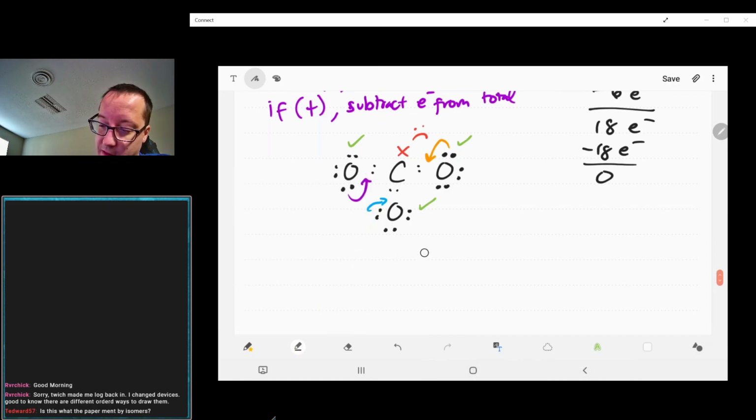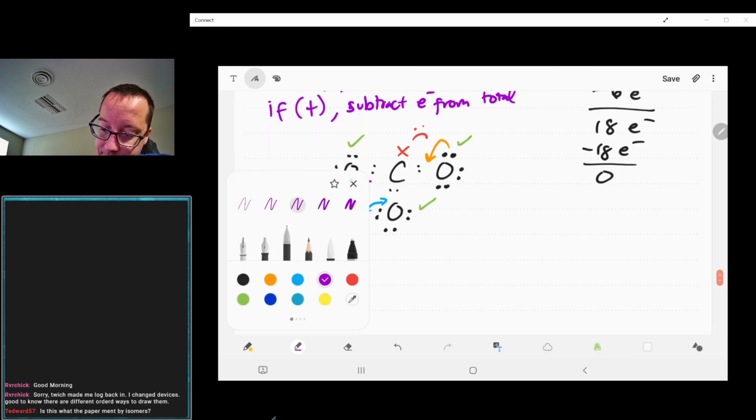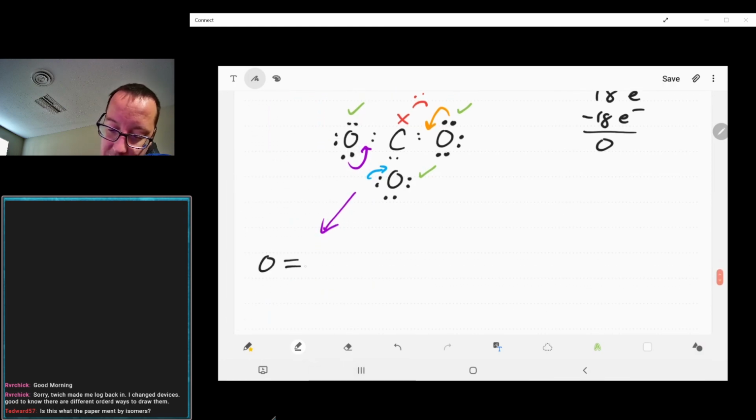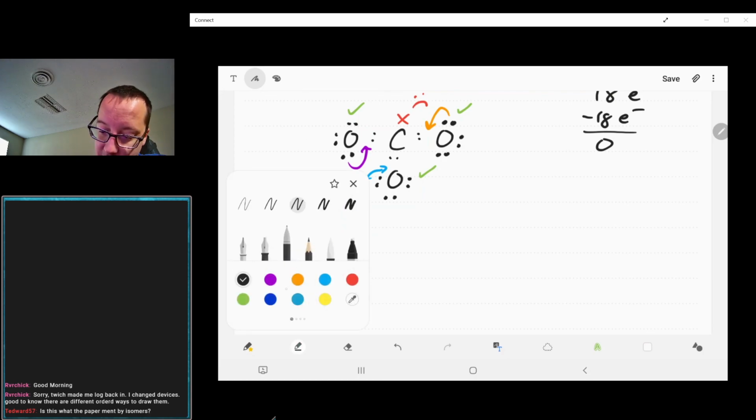Or here, let me use the colors. The purple one would end up giving us this structure. I'm just going to go ahead and make it neat, just so we can see very clearly what's happening here.